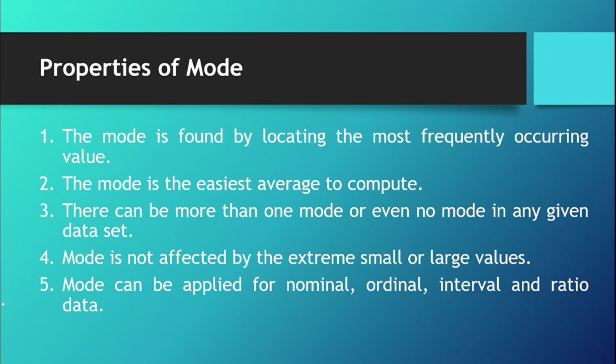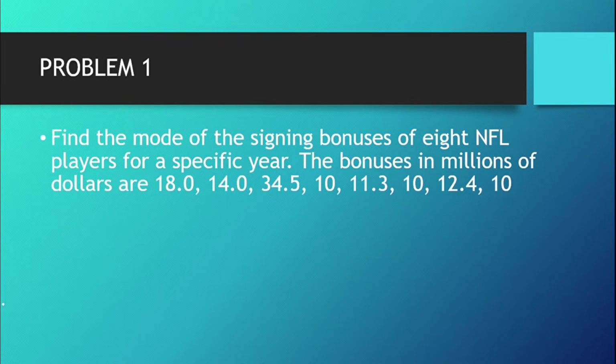Okay. So problem number 1, find the mode of the signing bonuses of 8 NFL players for a specific year. The bonuses in millions of dollars are 18, 14, 34.5, 10, 11.3, 10, 12.4, and 10. So first we're going to write here our x and the frequency, which is 1 only.